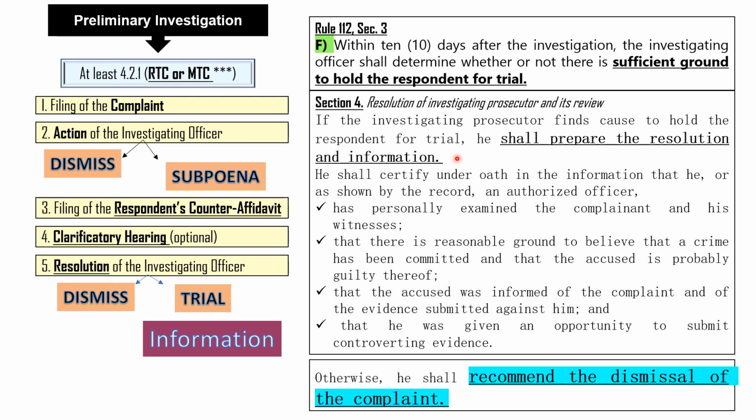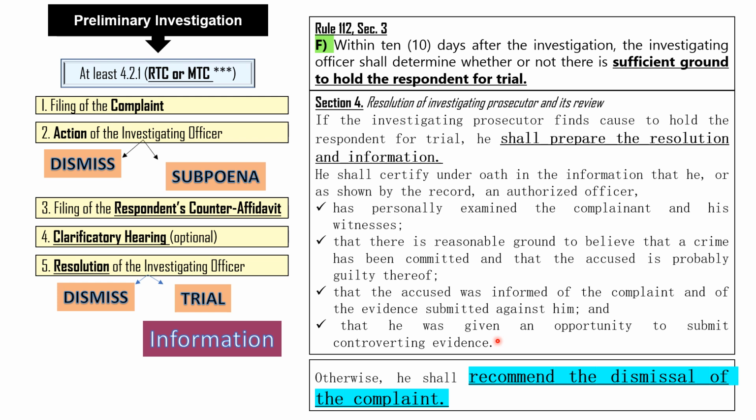And if he prepares the information, that means that he is certifying under oath that he has personally examined the complainant, who is your offended party, and the witnesses, that there is a reasonable ground to believe that a crime has been committed and that the accused is probably guilty of that crime, that the accused was informed of the complaint, he was also informed of the evidence submitted against him, and he is given that opportunity to submit controverting evidence.